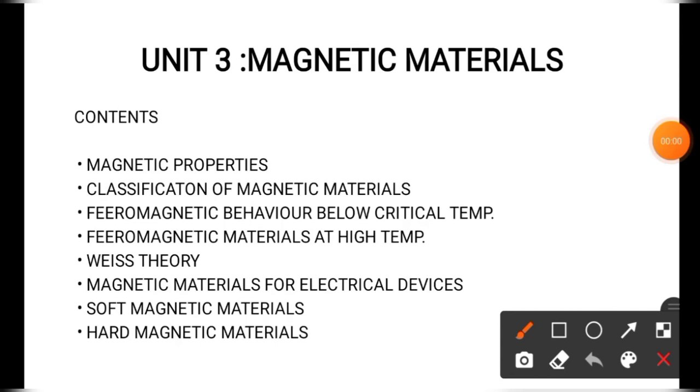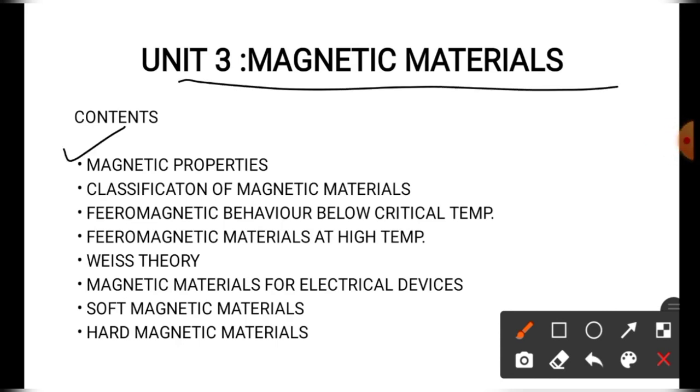So here unit number 3 is completed. In that, firstly we covered magnetic material properties, classification of magnetic materials, that is diamagnetic material, paramagnetic material and ferromagnetic material. After that we covered the behavior of ferromagnetic material below critical temperature, and what will happen when we increase the temperature of ferromagnetic material.